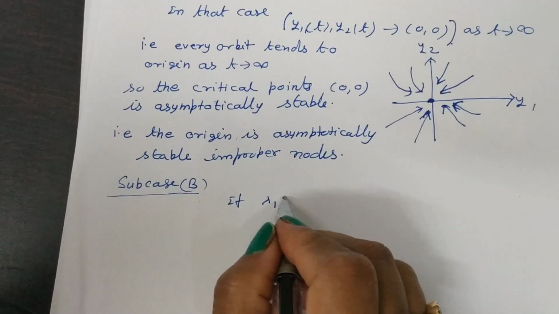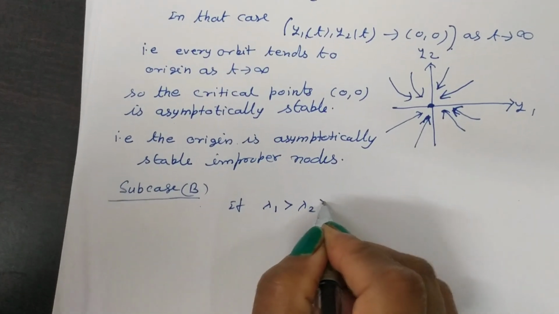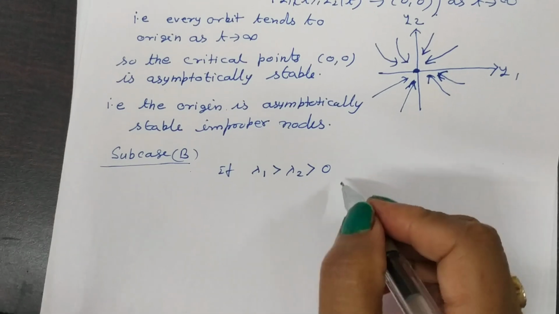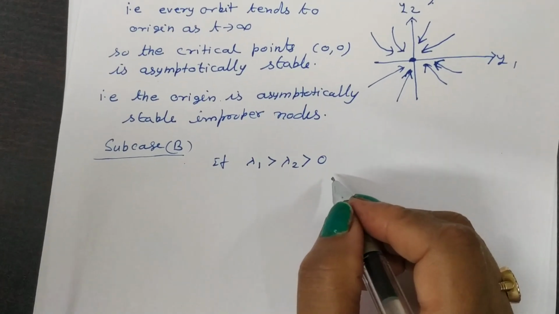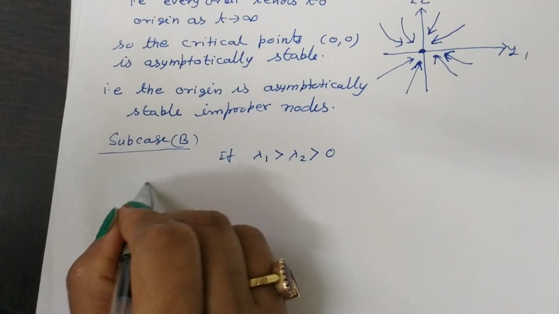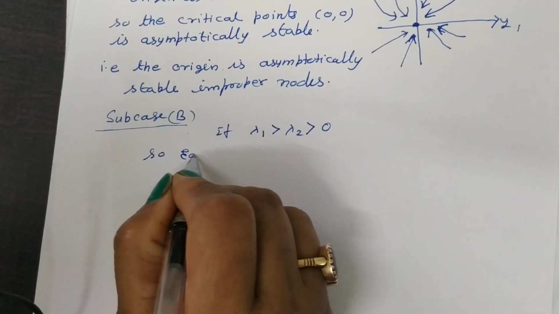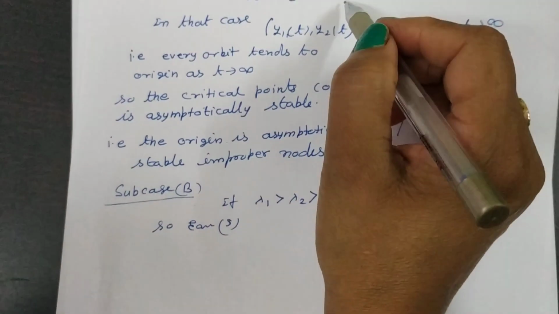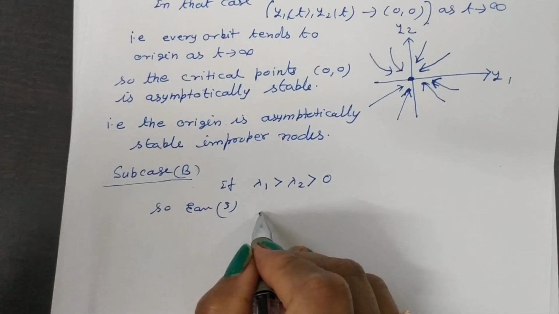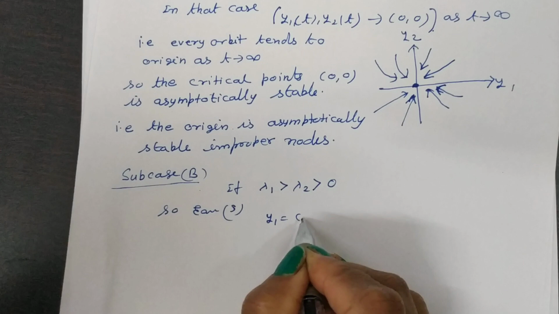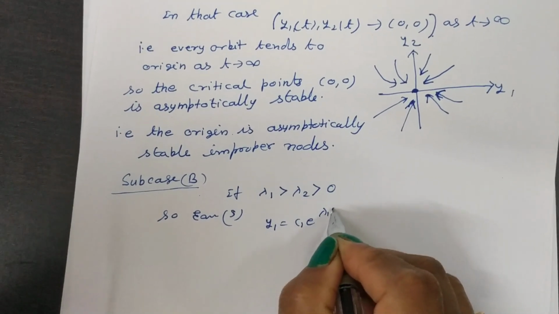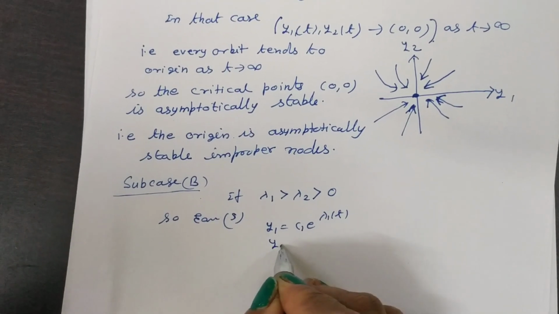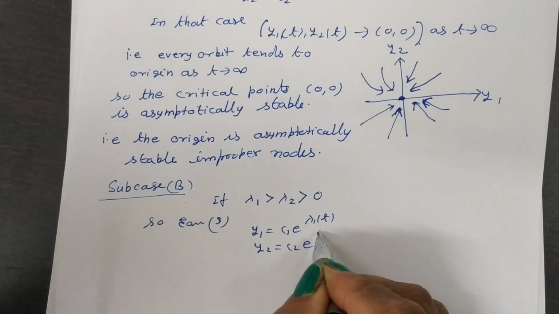If we take lambda 1 greater than lambda 2, both greater than 0, then both roots are positive. So from equation 5, y1 is equal to c1 e to the power lambda 1 t, and similarly y2 is equal to c2 e to the power lambda 2 t.